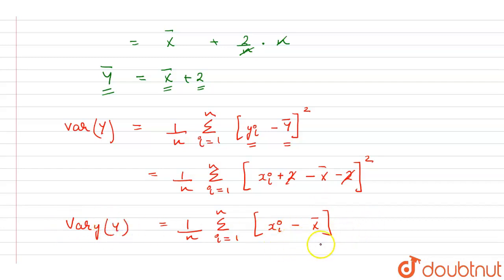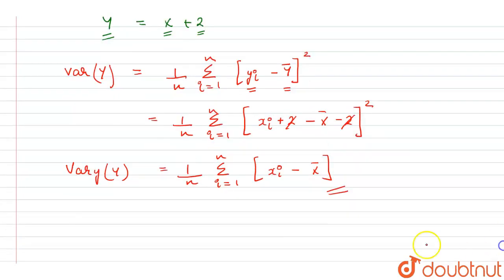But we can see that this is nothing but the variance of x elements, which is equal to the variance of y.